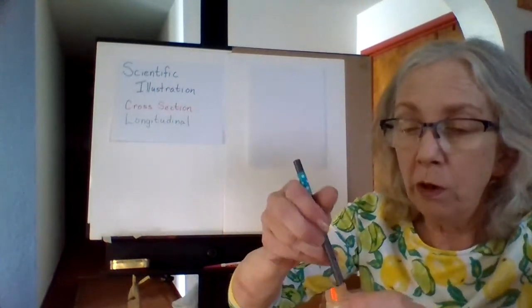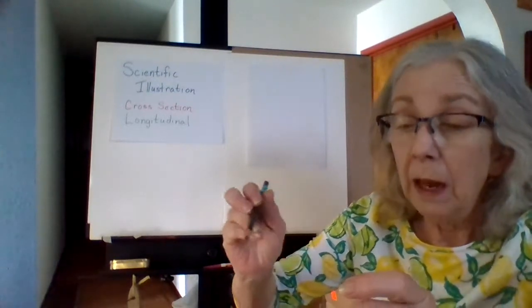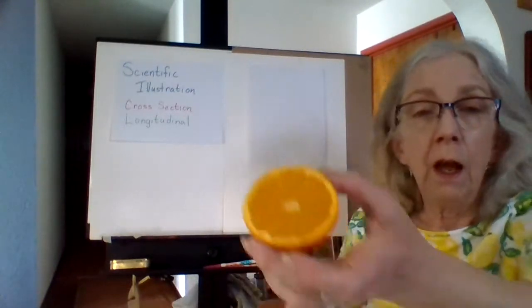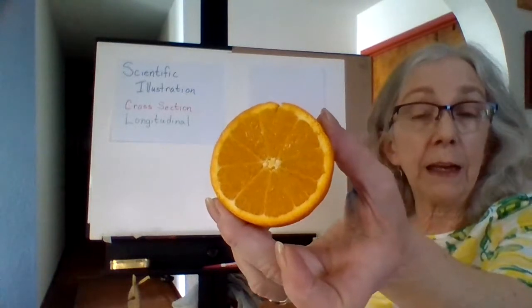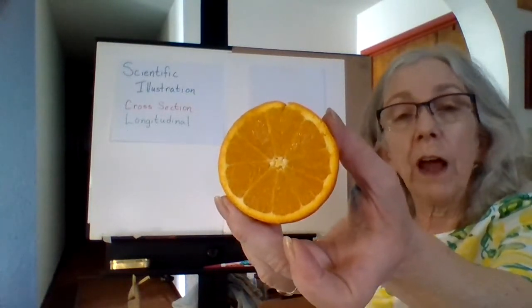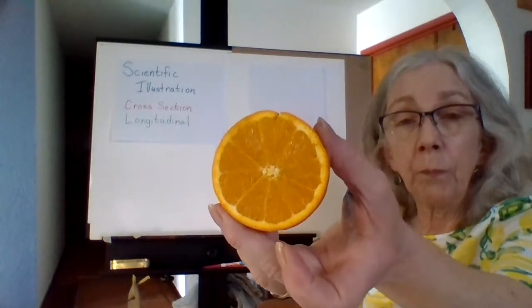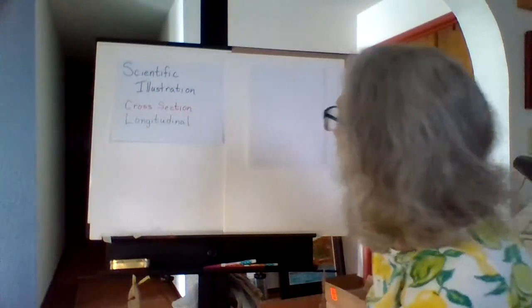So I'm going 1, 2, 3, 4, 5, 6, 7, 8, 9. Interesting. I'm going to pay attention to how many sections there are in the oranges that I eat from now on, because there are 9 sections in this orange, which is an odd number.